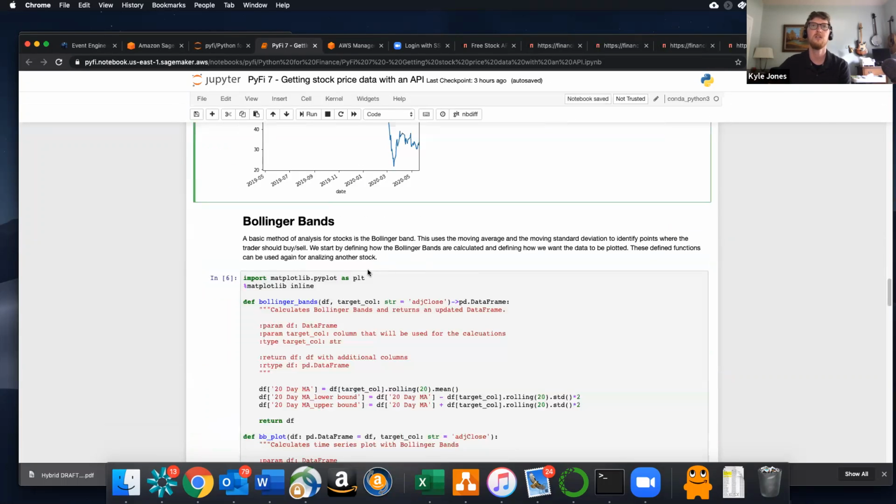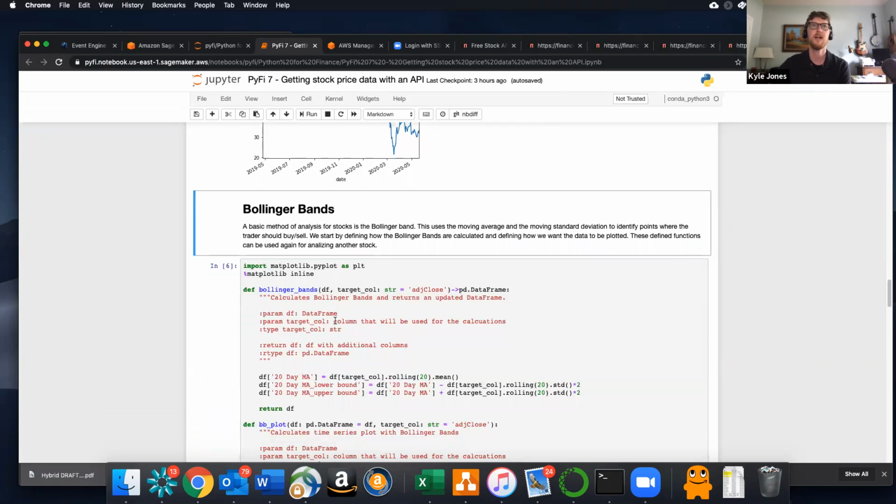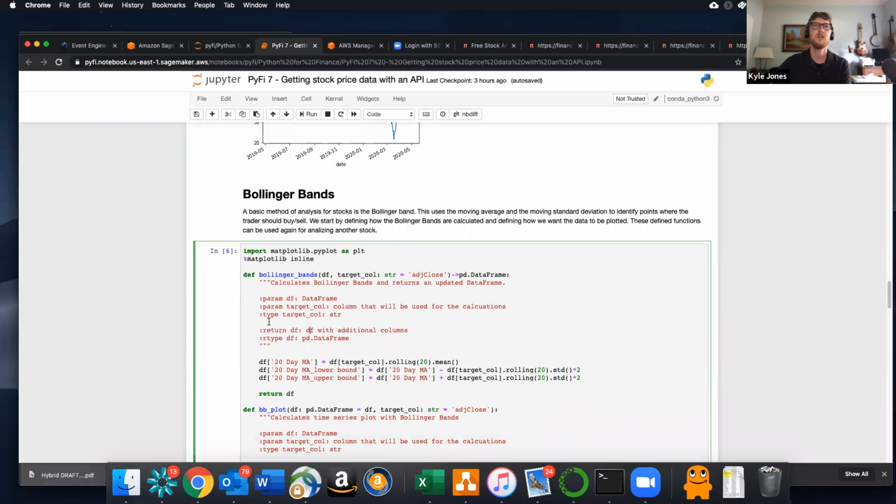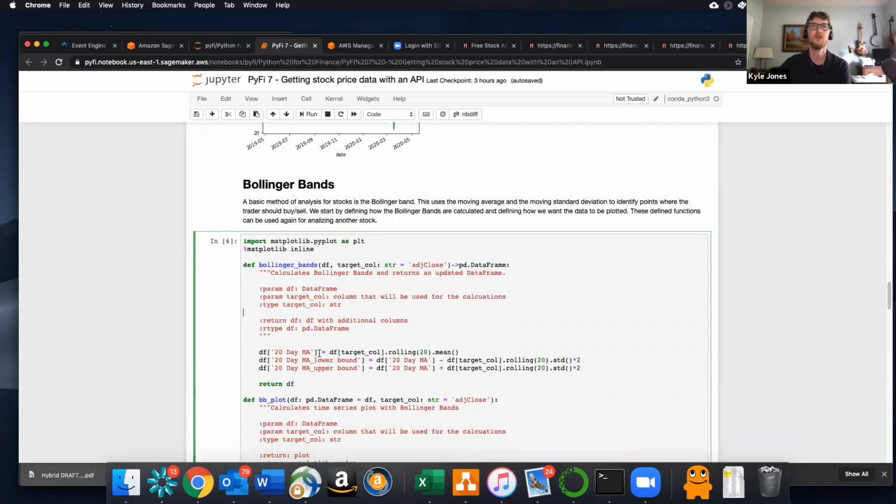There is a strategy in algorithmic trading called Bollinger Bands, which takes a moving average as well as two standard deviations above and below that average to create this kind of moving band. So what we're doing here is defining a new function that creates Bollinger Bands.